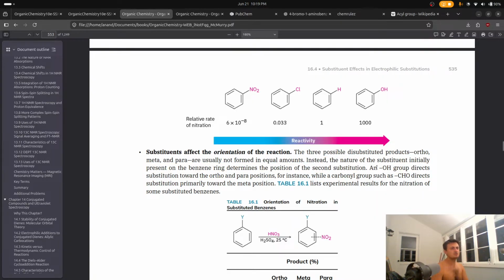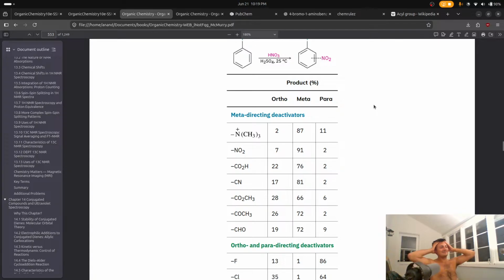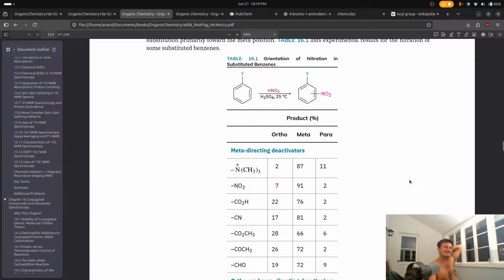A hydroxyl group directs the substitution towards the ortho and para positions, for instance, while a carbonyl group directs it meta. Here are experimental results for the nitration of some substituted benzenes. Oh, this is a crazy table, dude.